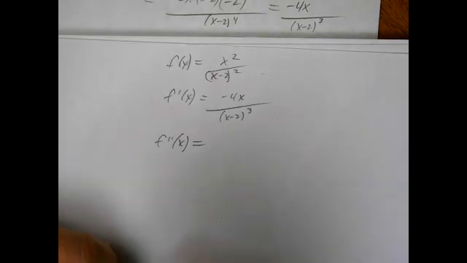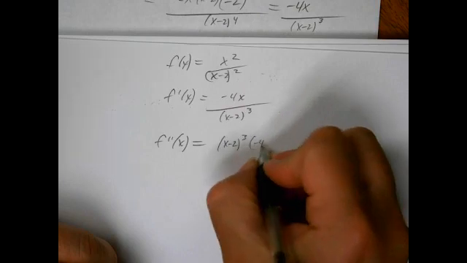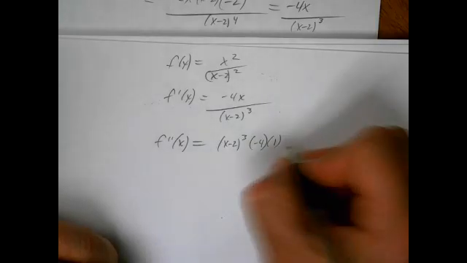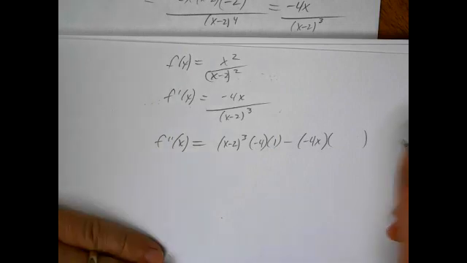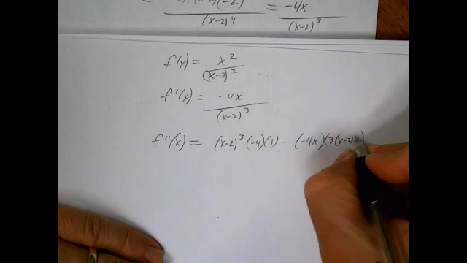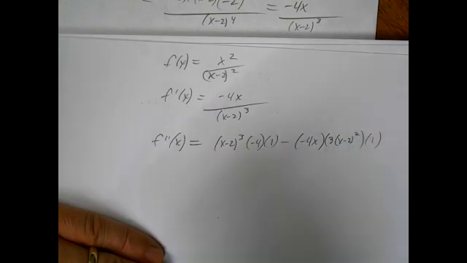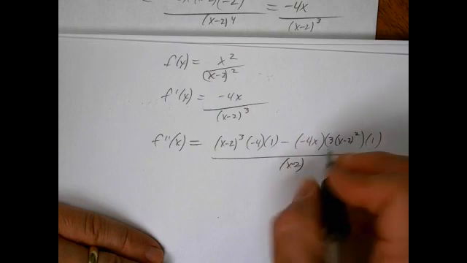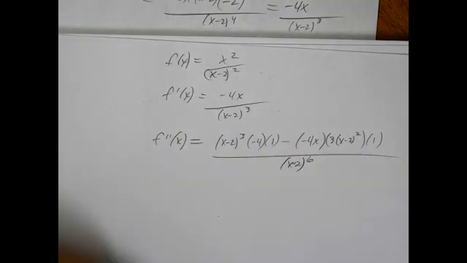Second derivative would be bottom times derivative of top, and the times 1 is because of the derivative of the x, minus the top times derivative of the bottom. The bottom means bringing down the 3. X minus 2 drops to the second power times the derivative of x minus 2, which is a 1. And it's all going to be over the bottom squared, which bumps that power up to the 6th power. Right? And then for some cleanup.